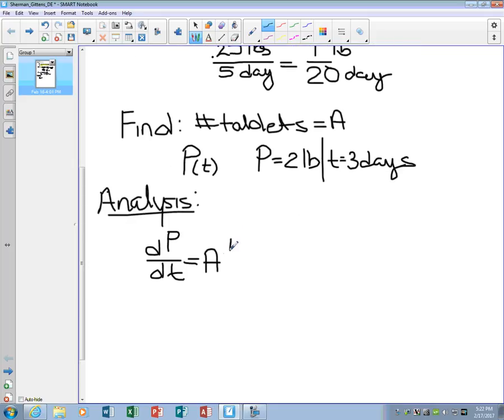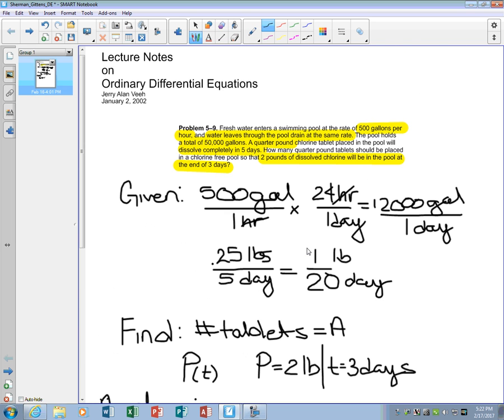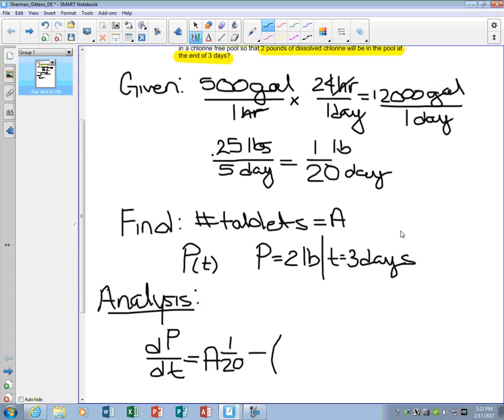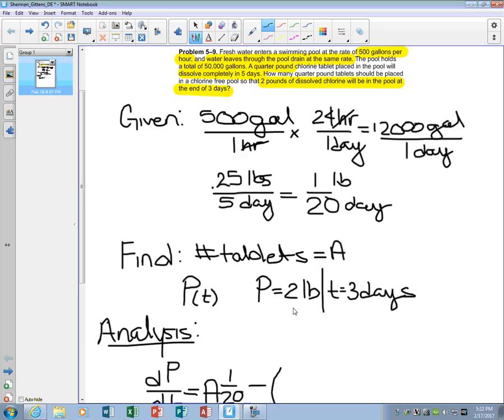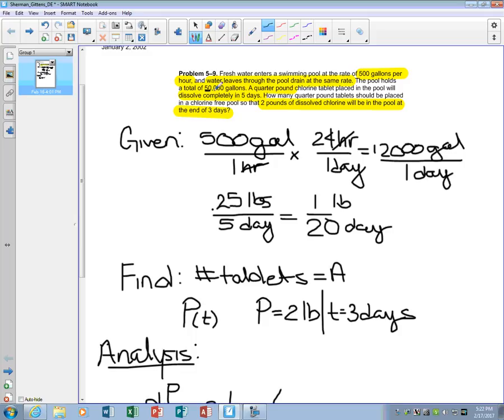So that's 1 over 20 right over here. Then subtract from that how much is going to be dissolved in the pool. We know we have this much going in and out at any one time, and we know that we have 50,000 gallons.